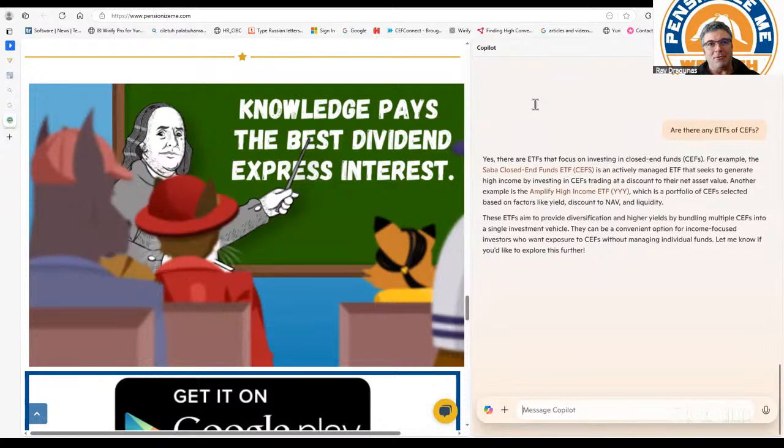So let's say that it dropped down to $8.50, which is a $1.50 difference from the net asset value. Then that could close to $9.50. You can actually pick up that $1 as a capital gain. In the meantime, you'd also be collecting the income from that closed-end fund.